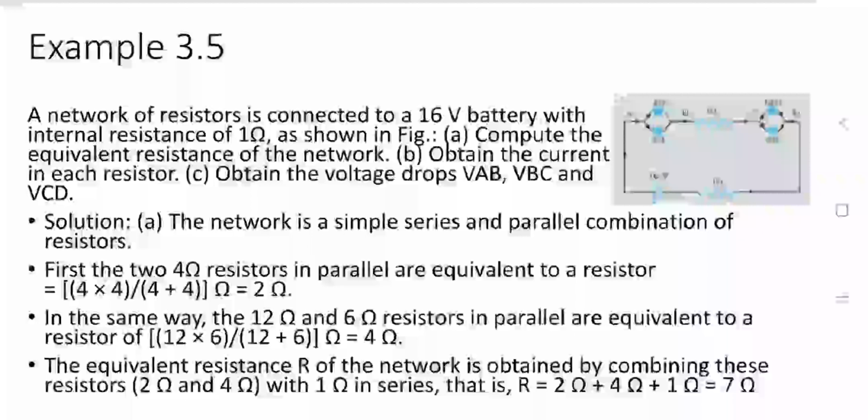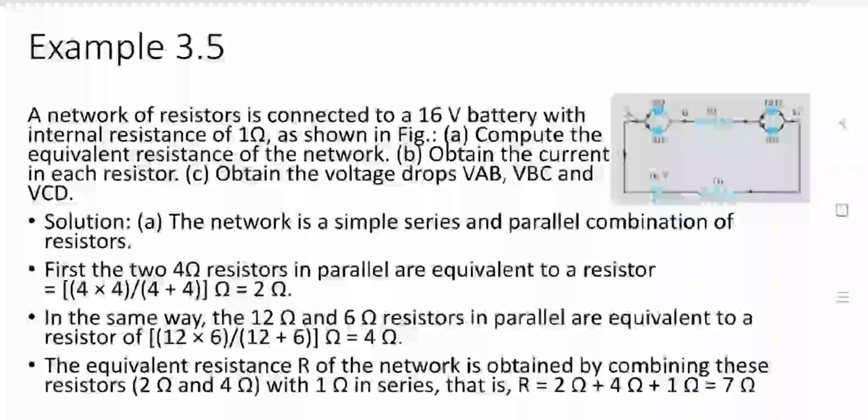Between B and C, a single resistor of 1 ohm, keep it as it is. Between C and D, two resistors are connected in parallel. Again using the same equivalent parallel formula and solving, we get 4 ohm. So now between A and B, 2 ohm. Between B and C, 1 ohm. And between C and D, 4 ohm.